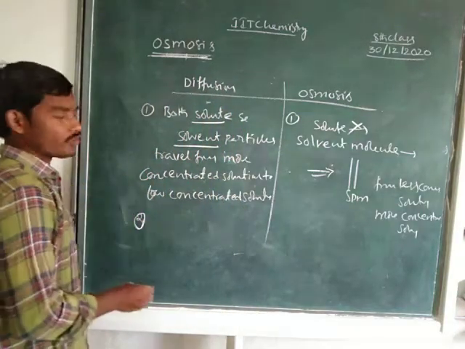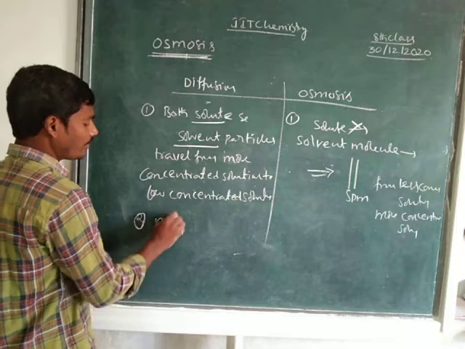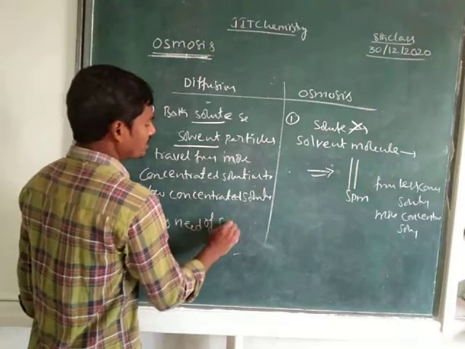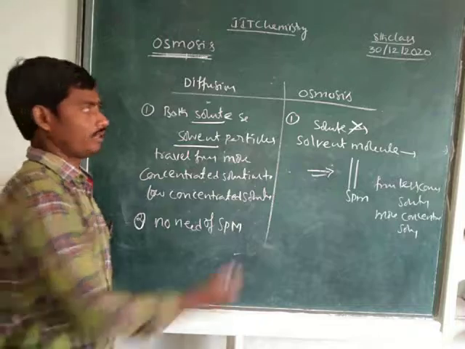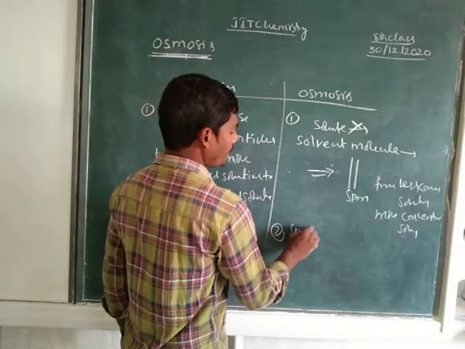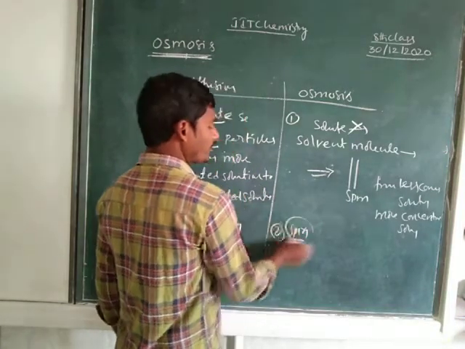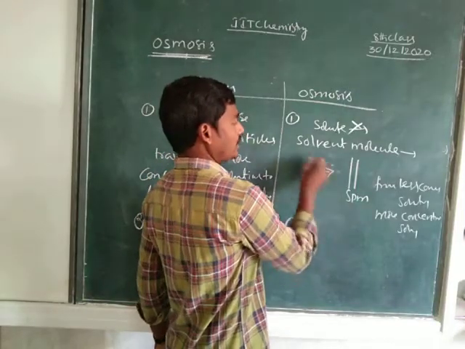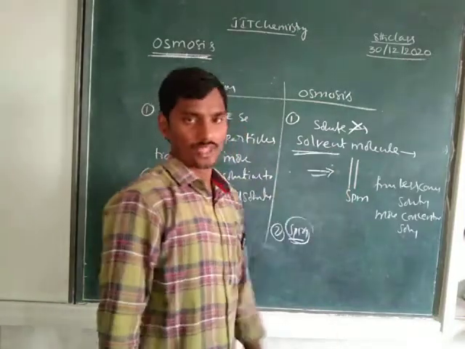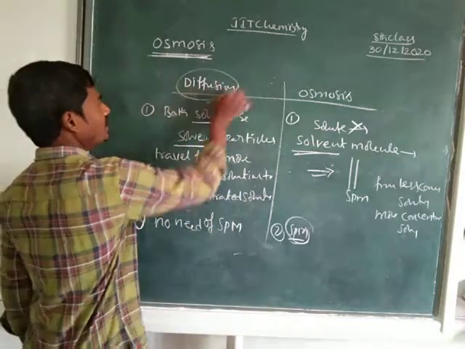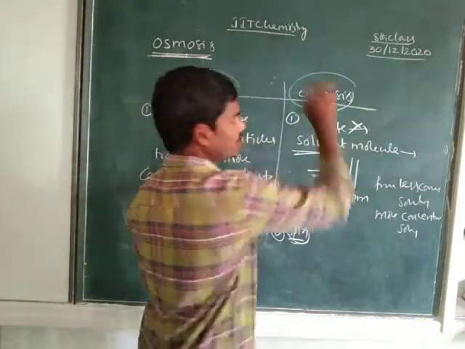For the diffusion process, there is no need of a semi-permeable membrane. But in case of osmosis, a semi-permeable membrane is a must. Without a semi-permeable membrane, we cannot enter the solute molecules into the water. Right, children? So these are the differences between diffusion and osmosis.